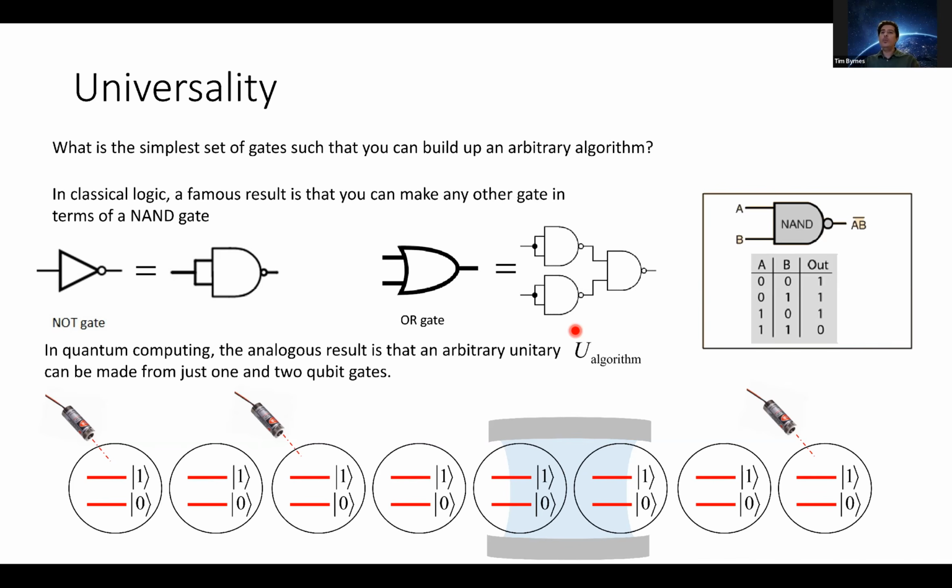You need a little bit more than just one gate, but people have shown that with this combination of 1 and 2 qubit gates, basically gates that involve only one or two of these, this is enough to produce an arbitrary unitary operation.